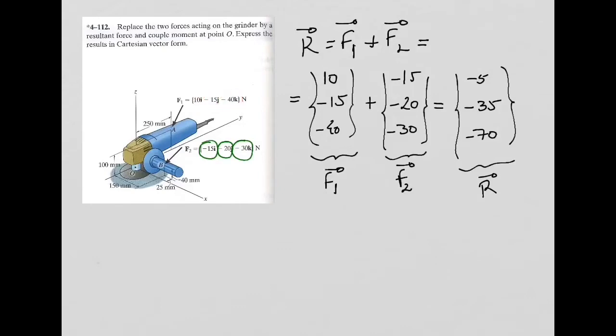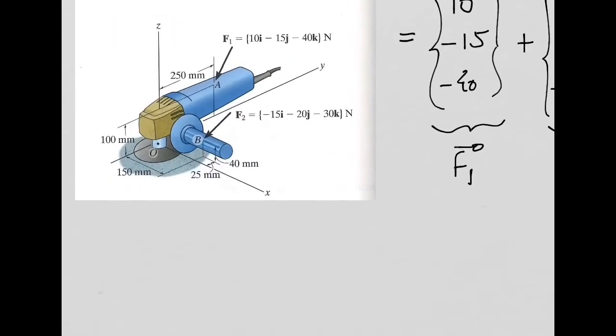Now, let's calculate the moments. We need now to get the moment produced by these two forces about point O. So let's start with the moment produced by force F1.